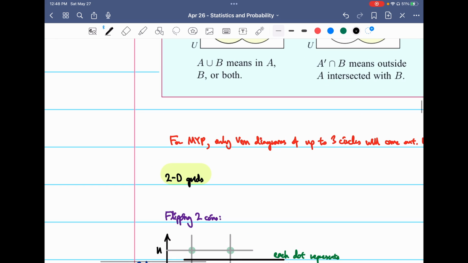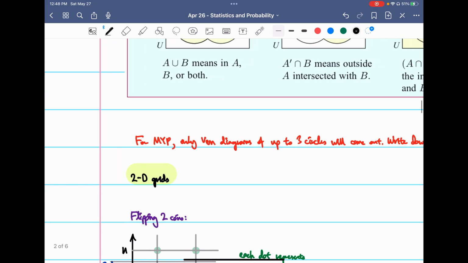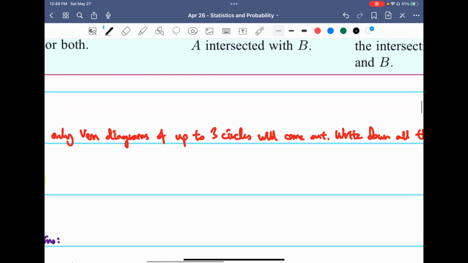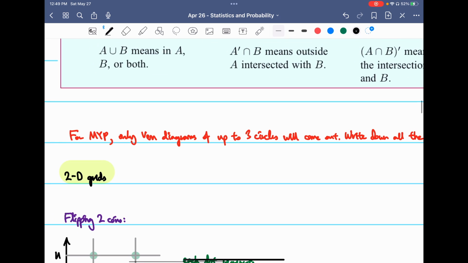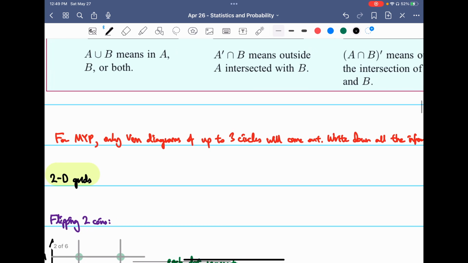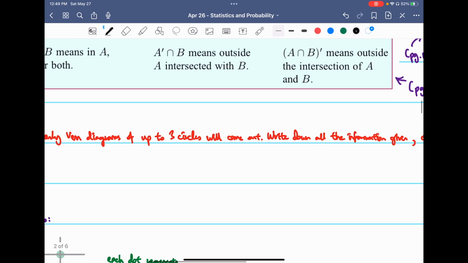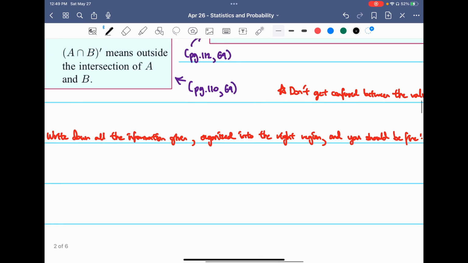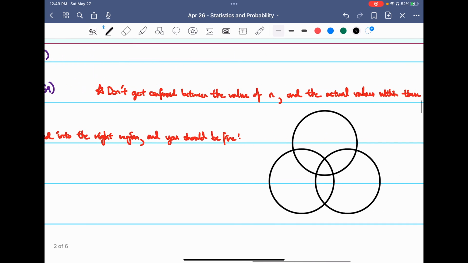And another red note here: for MYP, any Venn diagram with up to 3 circles will come out. Write down all the information given, organized into the Venn diagram, and you should be fine.